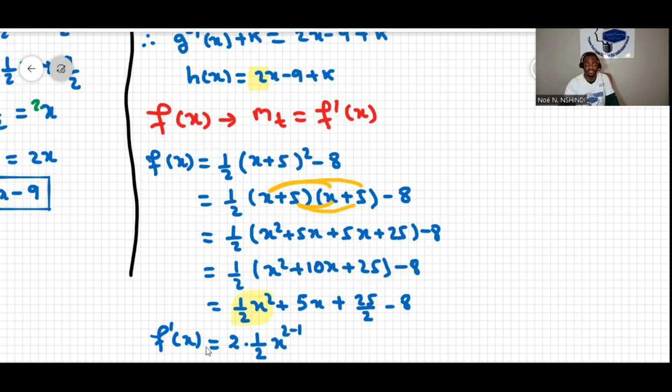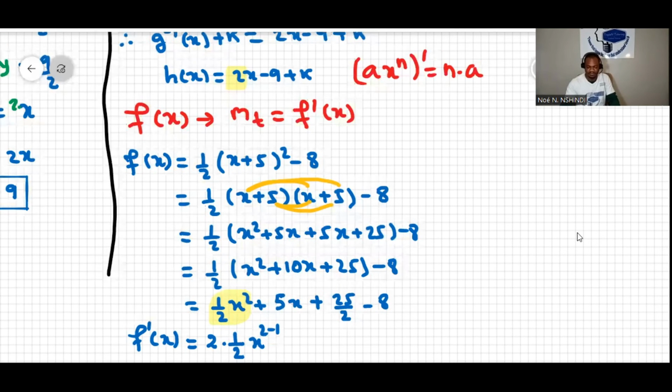Because I'm writing the derivative formula here: the derivative of a x to the power of n is n times a times x to the power of n minus 1. Yes, like that.